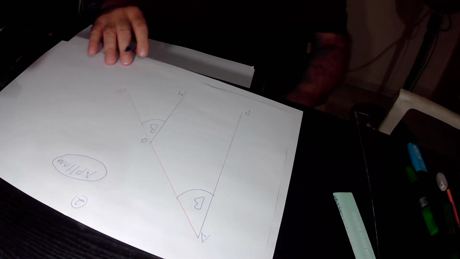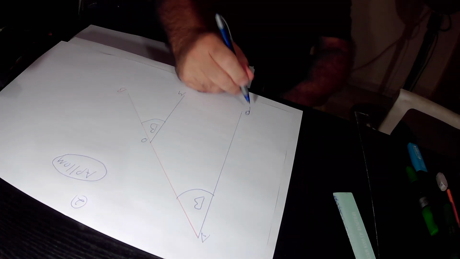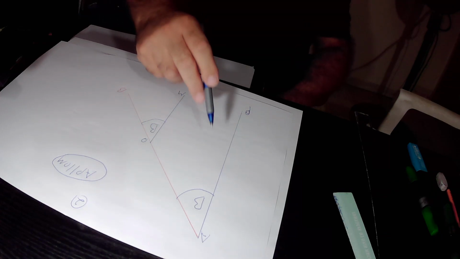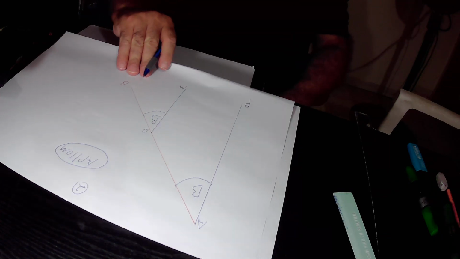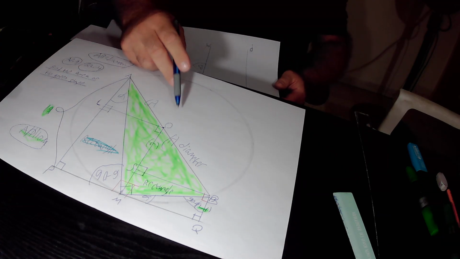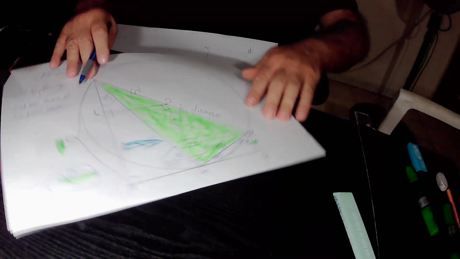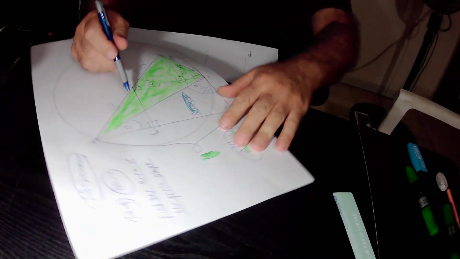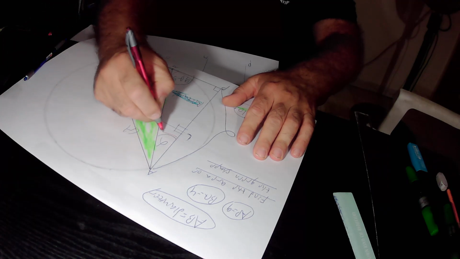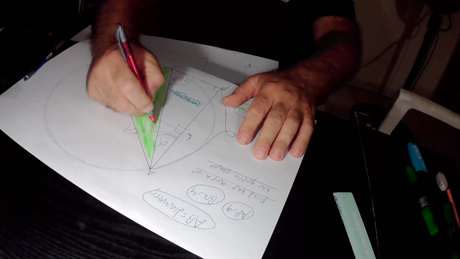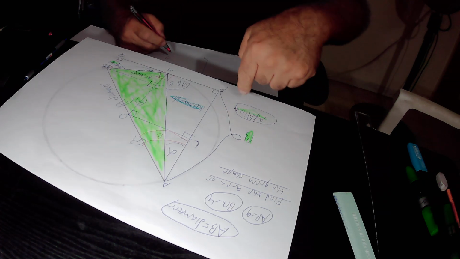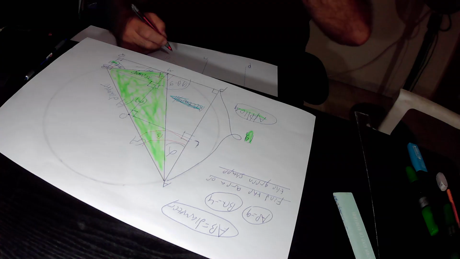So we found that angle PAO equals beta. Again, PAO equals beta degrees in size.